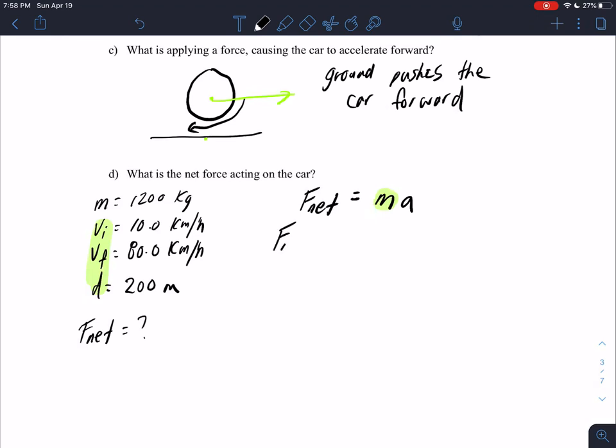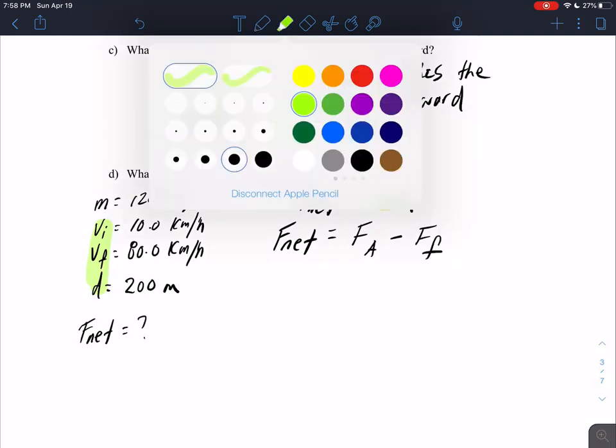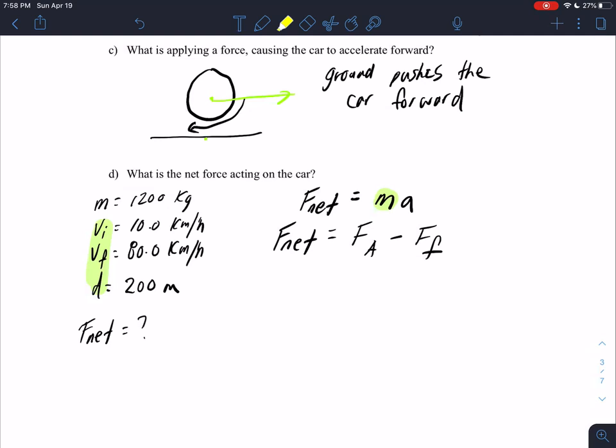But there is one thing I do want you to think about, and that is that this net force, although it is mass and acceleration, right? You do have to understand that whatever magnitude this net force is, it's going to be the difference between our applied force and our frictional force. And again, I'm not really sure if there's friction in this question or not.